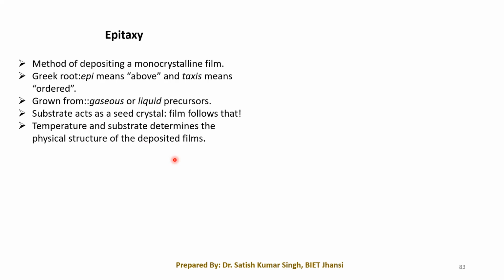This will be either p doped or n doped, whatever it can be, and the amount of doping can be controlled at that time only. So once you have already fabricated a substrate, later on you cannot change the property of the substrate.